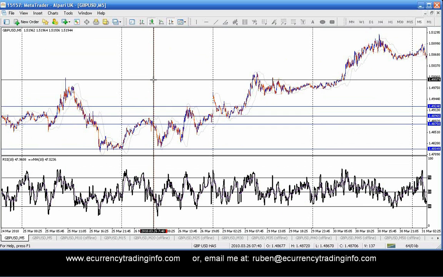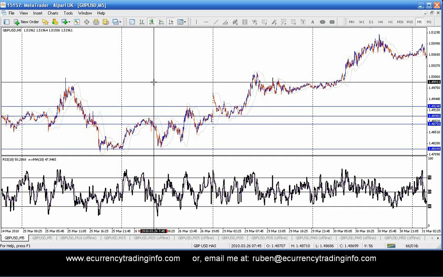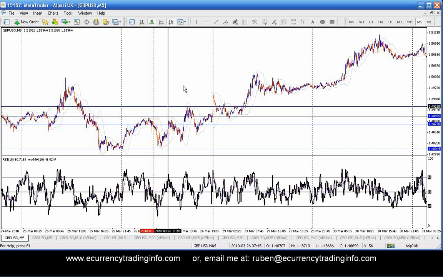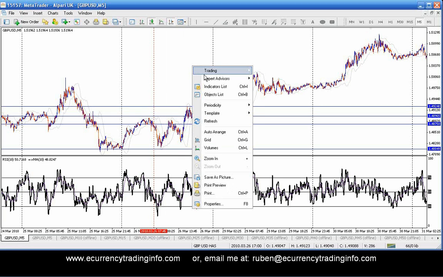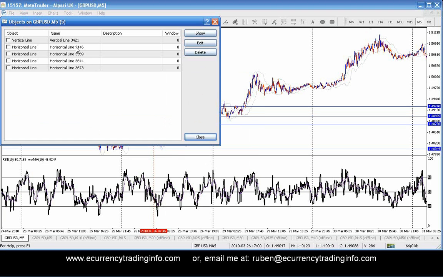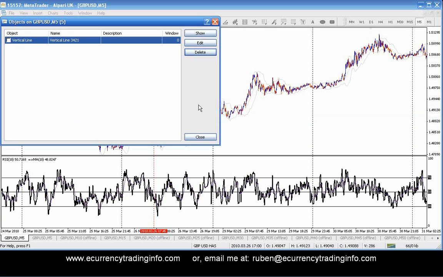And this is the beginning of the European session. Let's get rid of these lines here. Horizontal, 1, 2, 3, and 4.